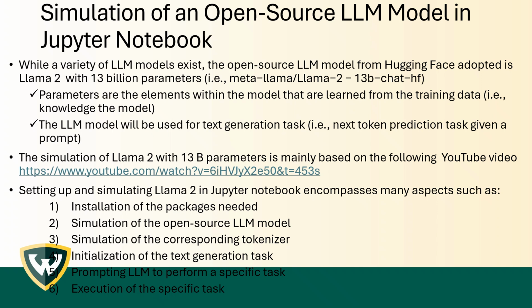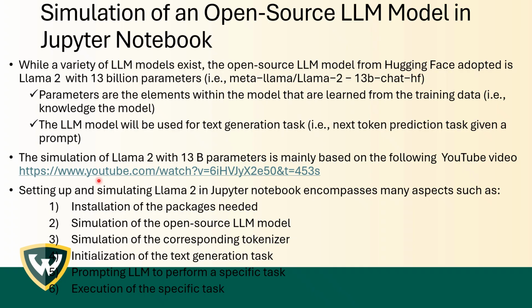Having identified the LLM model and its corresponding task, in the next slide, we'll be discussing how to simulate Llama2 with 13 billion parameters based on the following YouTube video. So here we can find the link of the YouTube video. Based on what we're gonna discuss the simulation of Llama2 with 13 billion parameters in Jupyter Notebook.